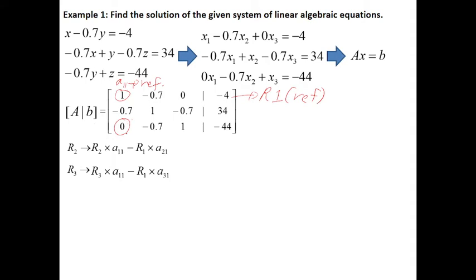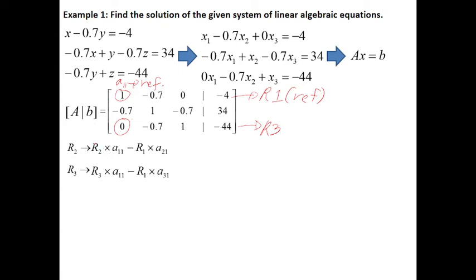Since papalitan pa natin ito ng zero, dapat alamin natin anong row siya. So, row 3. Kaya merong row 3 doon. I-multiply natin ng A11, okay, our reference element, minus R1, our reference row. Multiply natin ng A31. A31 ay yung gagawin natin 0 in case na hindi yan 0. Okay? So, ganun yung gagawin natin. So, ganun yung procedure.